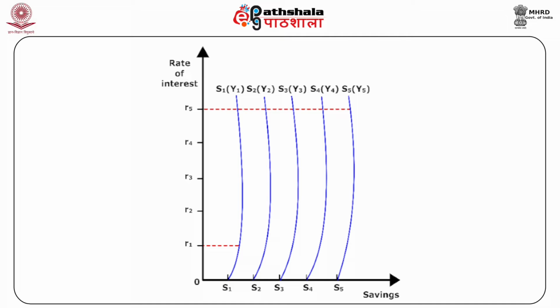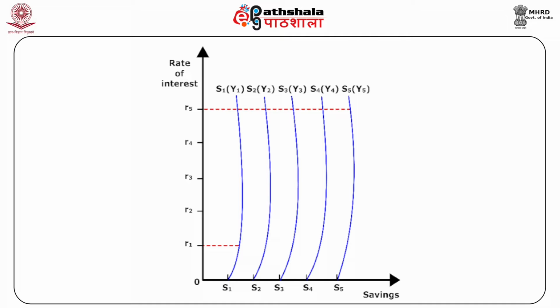Thereafter, we can now increase the rate of interest. When we increase the rate of interest, households increase their level of savings also. The relationship as described earlier is positive, but as the rate of interest keeps increasing, the additional savings due to an increment in the rate of interest would go on decreasing.